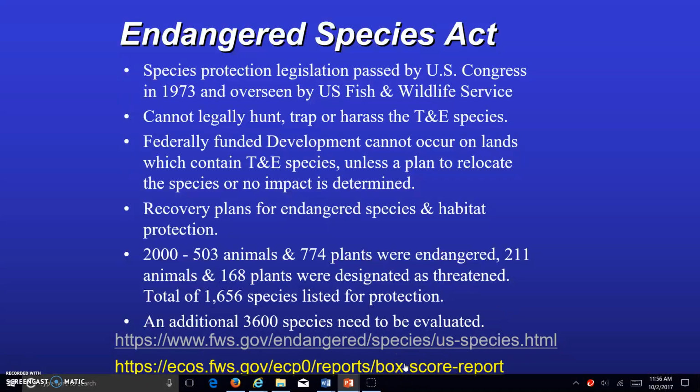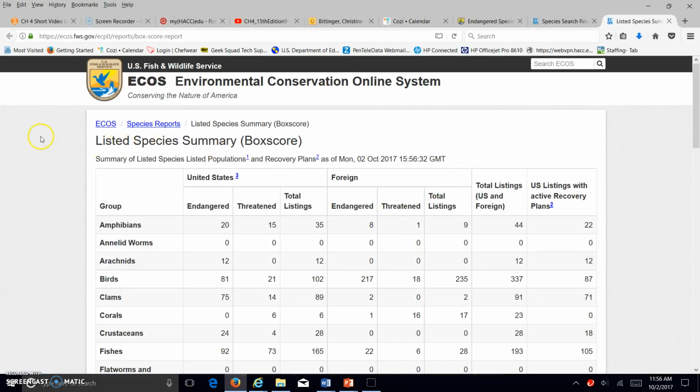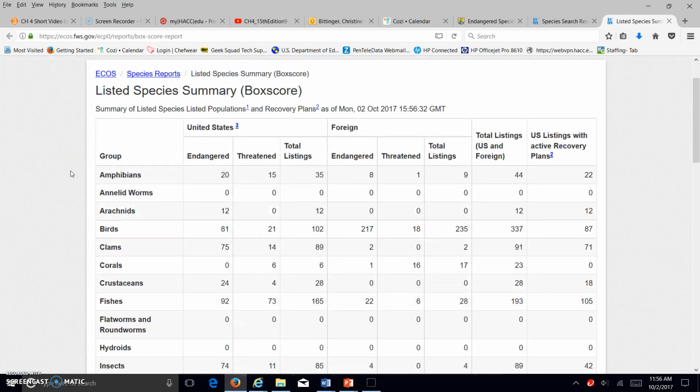There's also a link at the bottom of the screen that provides an overall listing regarding endangered and threatened species. So, for example, amphibians. In the U.S., there are 20 endangered amphibians, 15 threatened amphibians, for a total of 35 species.